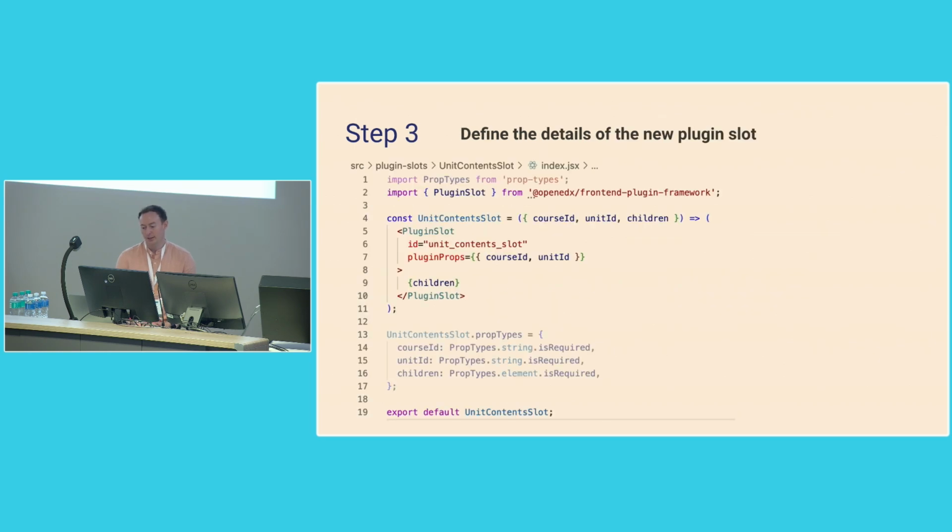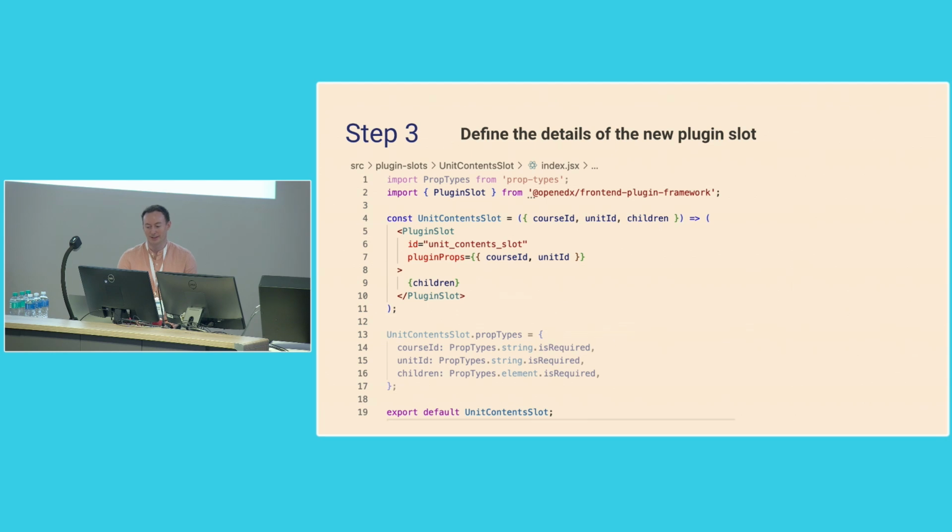And then here we're going to define the details of the new slot. So just open that file in your favorite editor. You can use Nano or VS Code or Emacs or whatever you'd like. Because we copied this, most of the code will already be there, so you don't have to change too much.